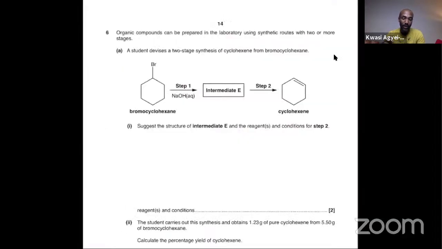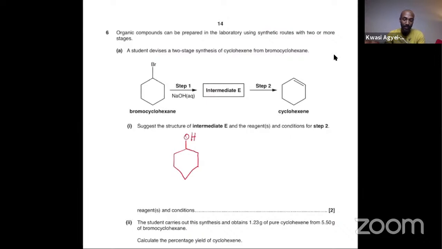Okay, let's have a quick look at another question here. So this time round, we're looking at 6A part I, and we've got a halogenoalkane. It's a bromocyclohexane, and it is reacting with sodium hydroxide, and we want to know what the intermediate product is. This reaction will be leading to the formation of the alcohol in a nucleophilic substitution mechanism.